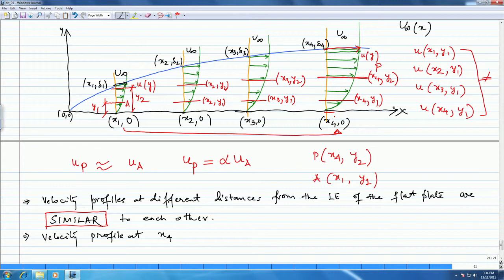So this has to be scaled down, or rather scaled up. So, let us put it this way: the velocity profiles at x4 and x1 can be mapped onto each other using a suitable scaling factor.